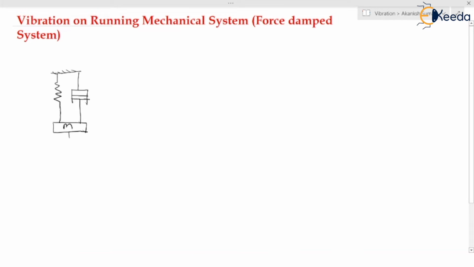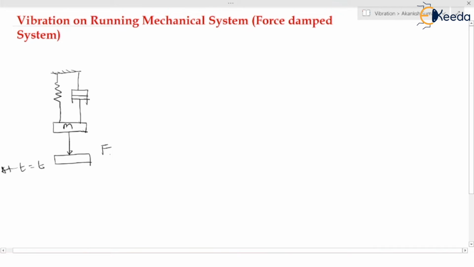So after some time t, the position of the mass will be this. And the unbalanced force would be F naught sine omega t. This is the unbalanced force.